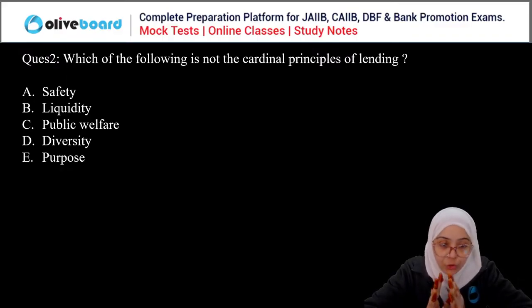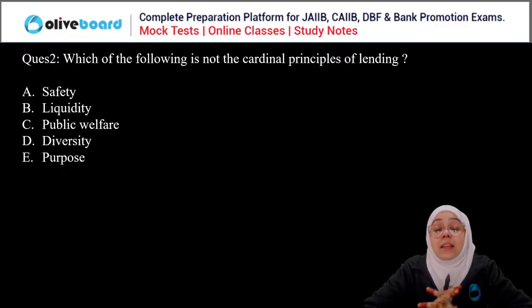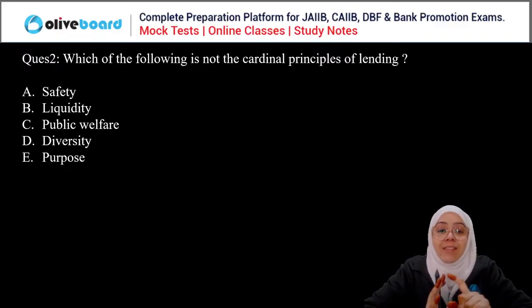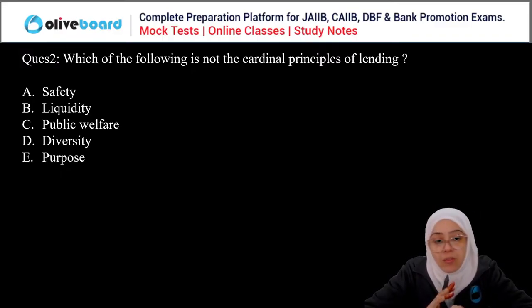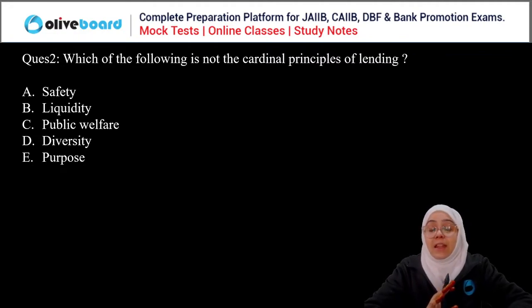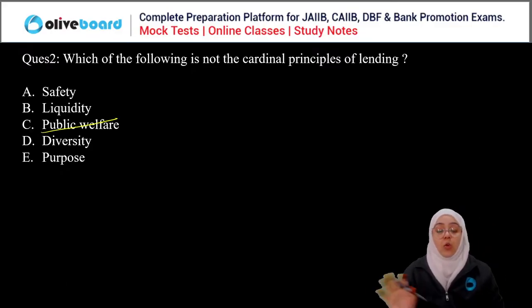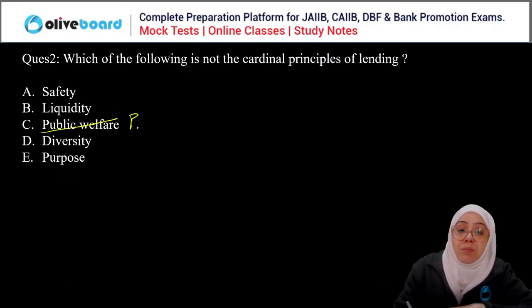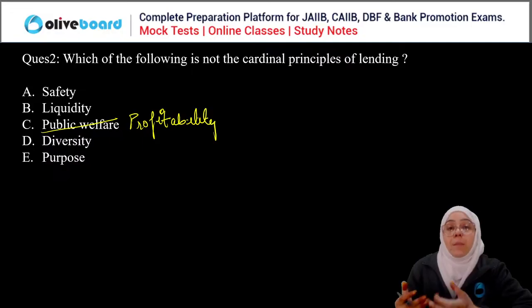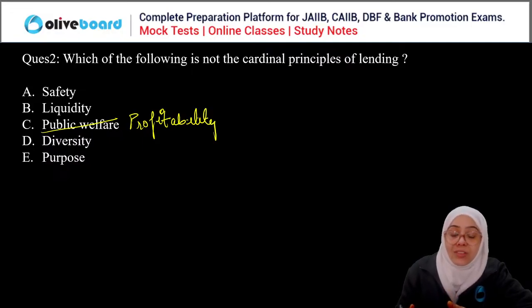Okay. So when we are talking about the cardinal principles of lending, yes, safety is a cardinal principle of lending. Liquidity is a cardinal principle of lending. Public welfare actually is not a cardinal principle of lending. Instead of public welfare, it is actually profitability. We have to look at the profitability of the money we are lending to the borrowers, right?